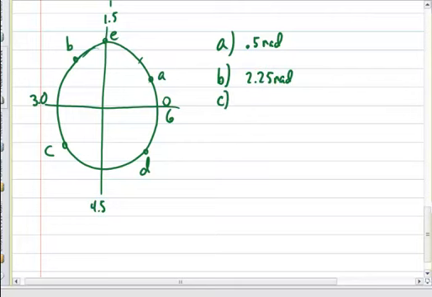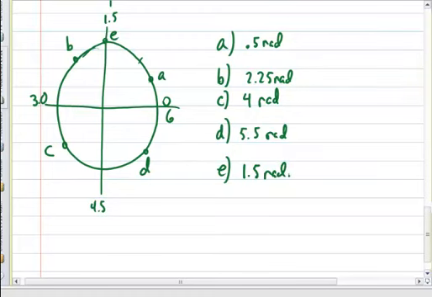Point C is at, let's say, 4 radians. Point D is at, let's say, 5.5 radians. Someone could argue that it's at 5 radians. That's fine with me, because it puts you in the right quadrant. And point E would be at 1.5 radians.